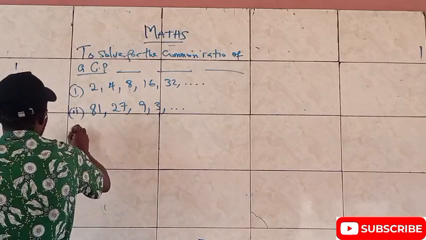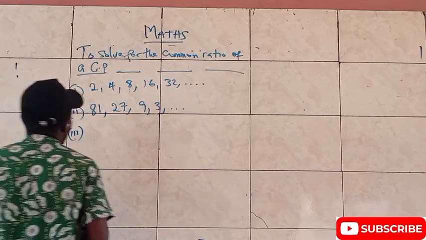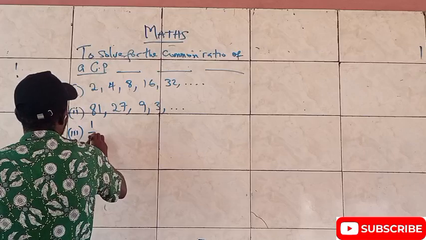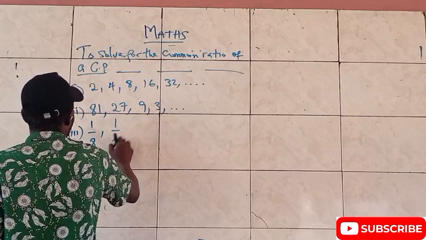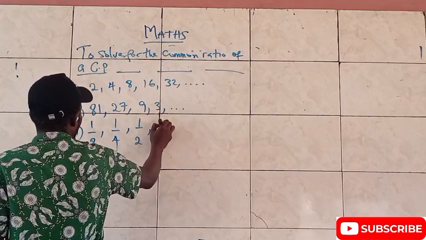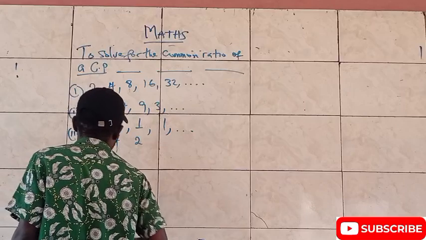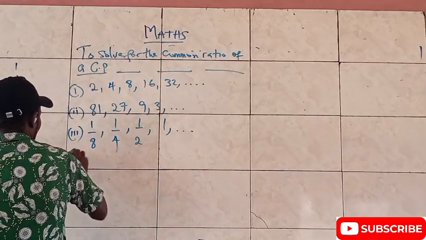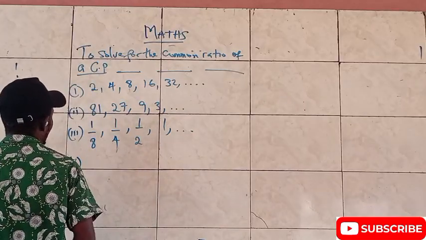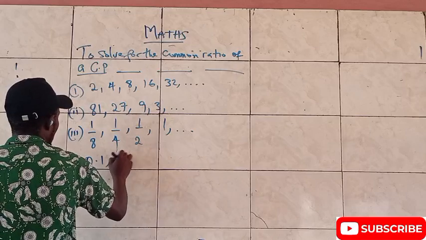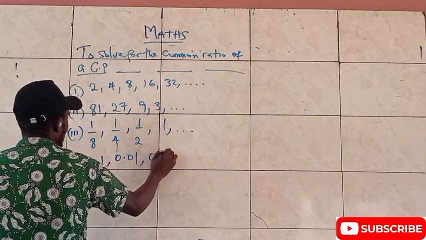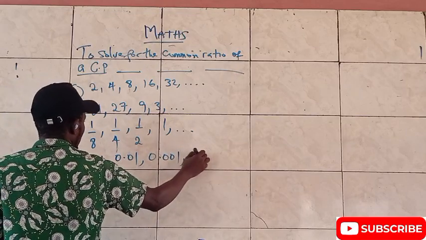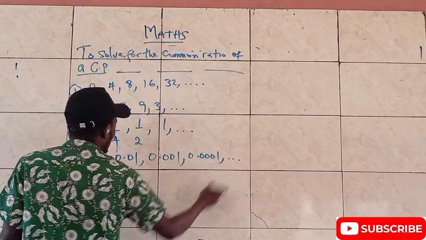Then we got 3, say you have 1 over 8, 1 over 4, 1 over 2, 1, and it goes on. And we have got 5. So you have 0.1, 0.01, 0.001, 0.0001, and so on.